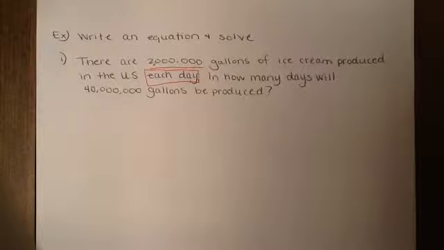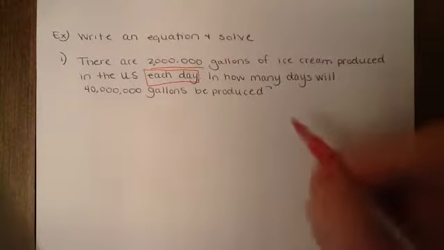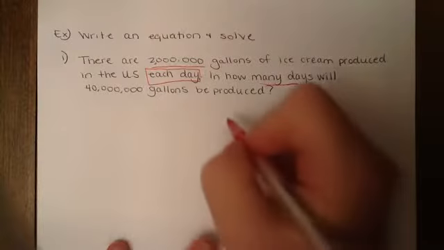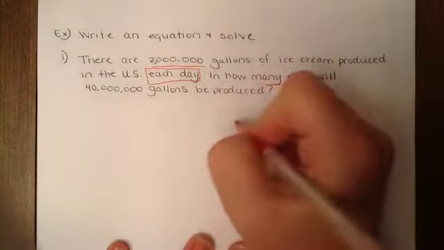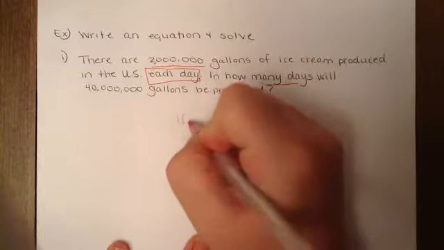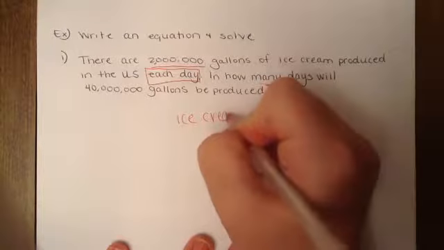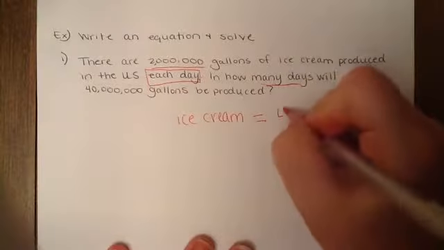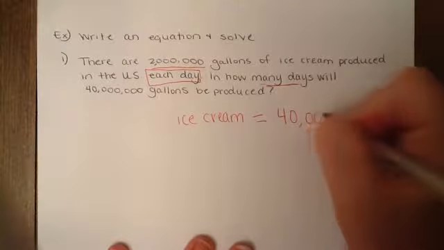So every day there's another 2 million happening. We're not sure though how many days. But what does the total equal? What does the total ice cream equal? 40 million. So altogether this has to equal 40 million.